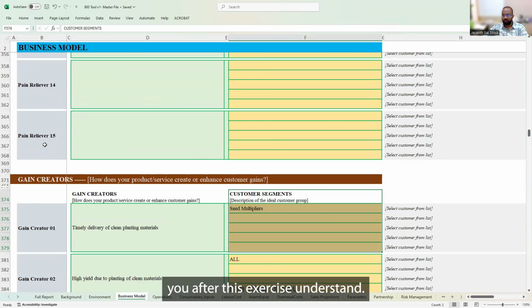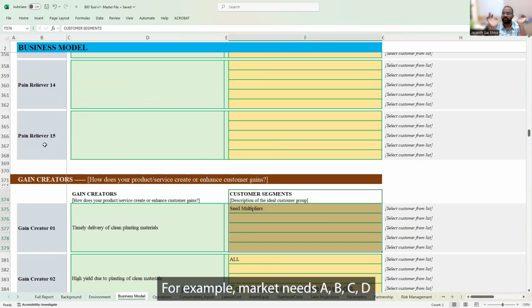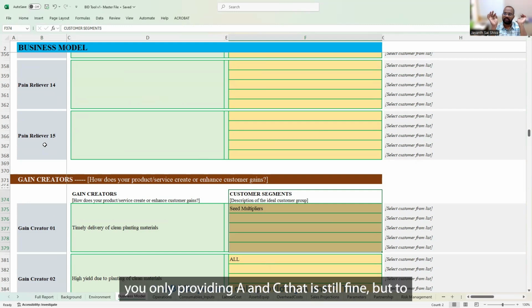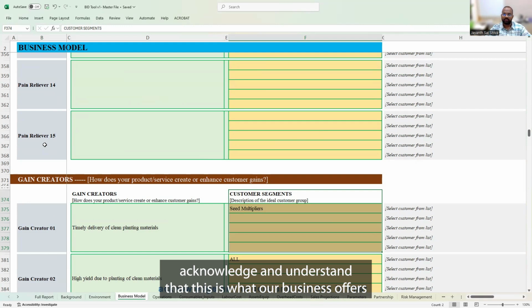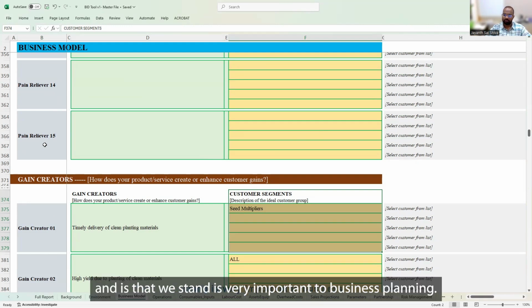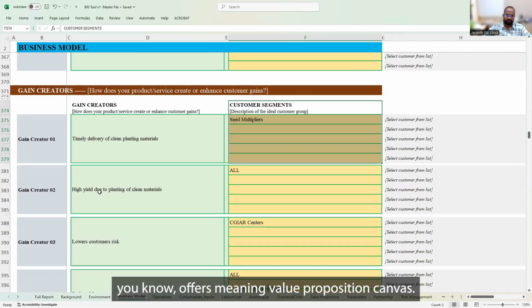The idea is that after this exercise, you understand if the market requires some aspects, are you able to provide all of them or only a part of them? For example, the market needs A, B, C, D. You are only providing A and C. That is still fine. But to acknowledge and understand that this is what our business offers and this is where we stand is very important in business planning. And that's what value proposition canvas helps us achieve.